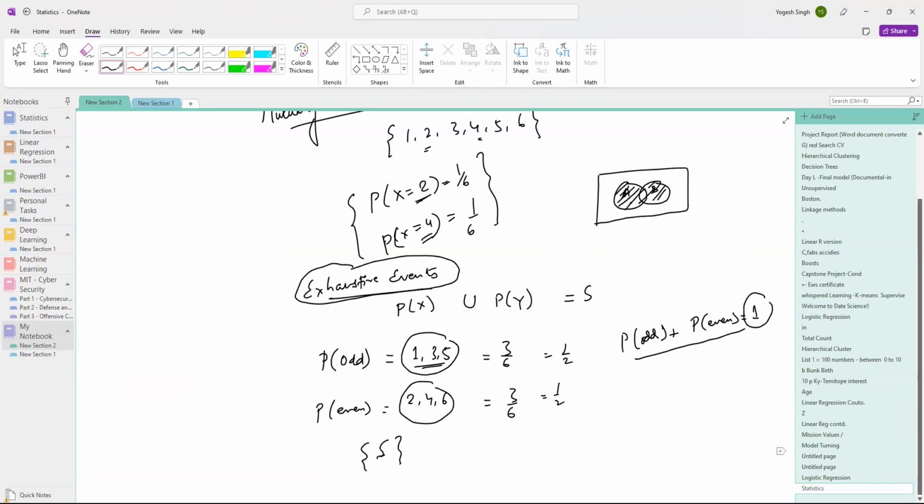Okay, let me ask you a question. If 2 dice are thrown at a time, what is the probability of getting a sum of 11? Is the question clear?